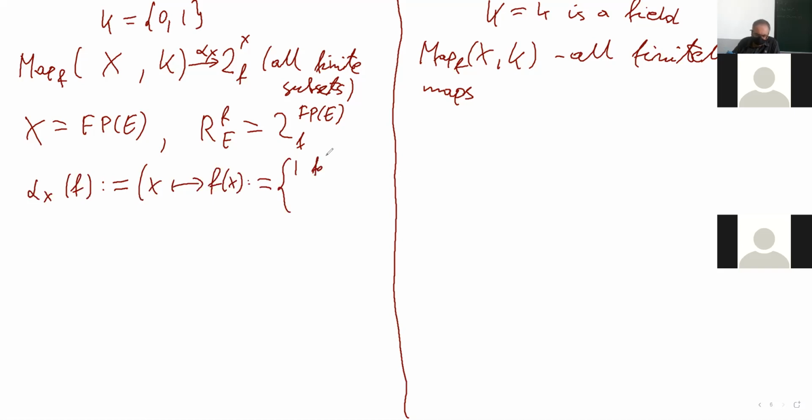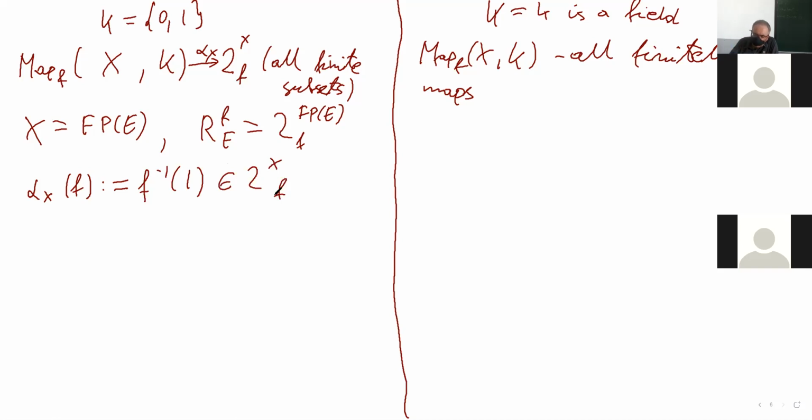Sorry, this is wrong. I'm writing the inverse. Sorry, now I need to have a subset. And of course, this is just the preimage of 1. Which, mind you, this is very important because f is finitely supported. This is a finite set.